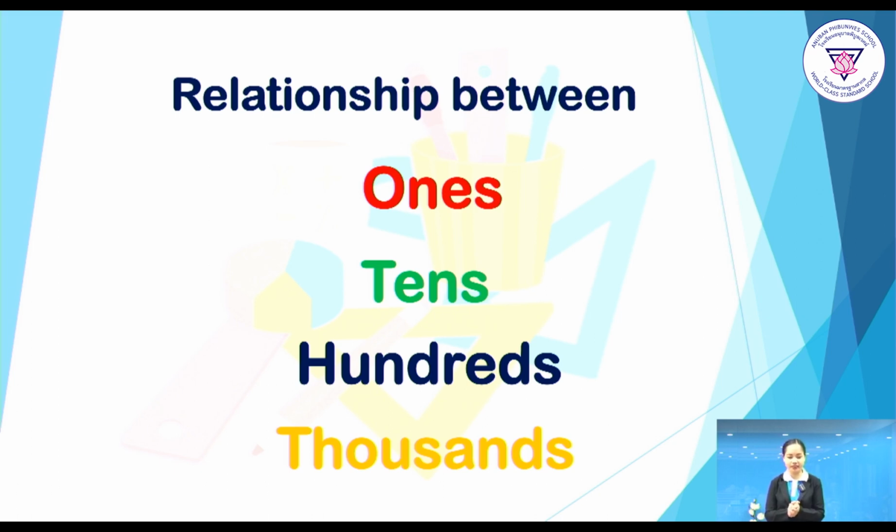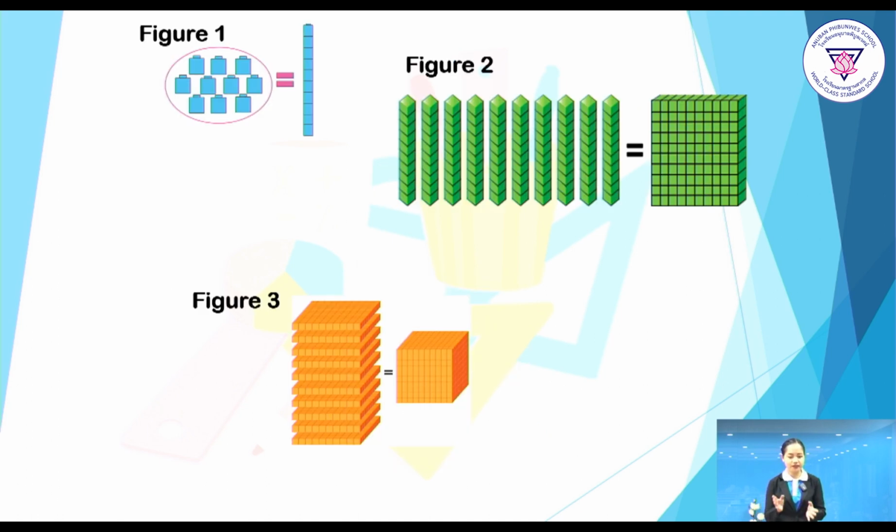Let's do it together. What is your answer? Very good. There are 10 ones. When we group these 10 ones, what is your answer? Very good. 10 ones make 1 ten.